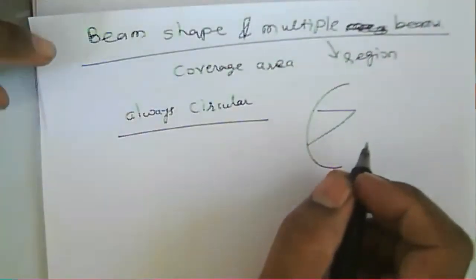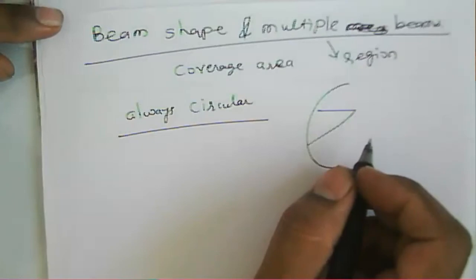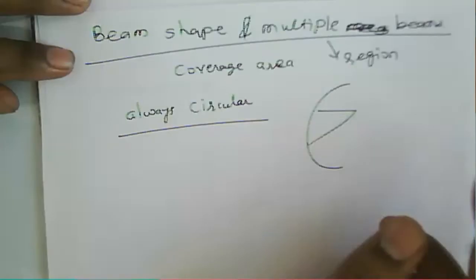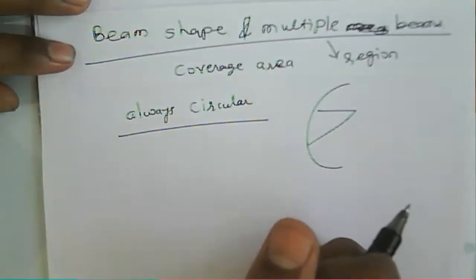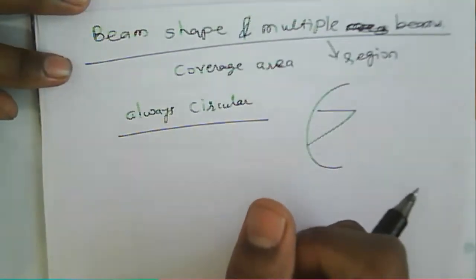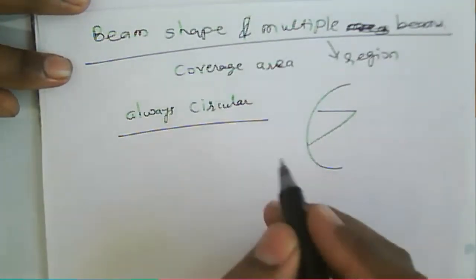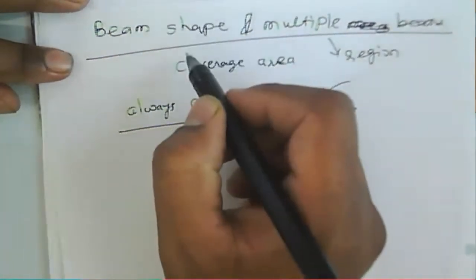Suppose we consider that the antenna is not circular in shape. Then what will be the shape of the particular beam?